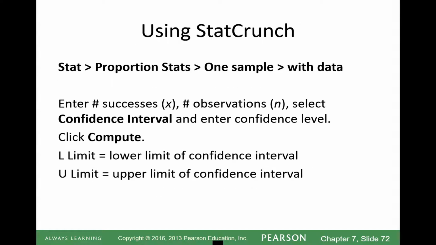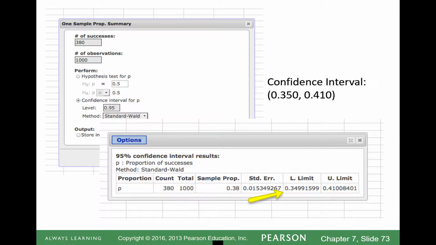StatCrunch does give you the standard error, and you have to calculate the margin of error from that.